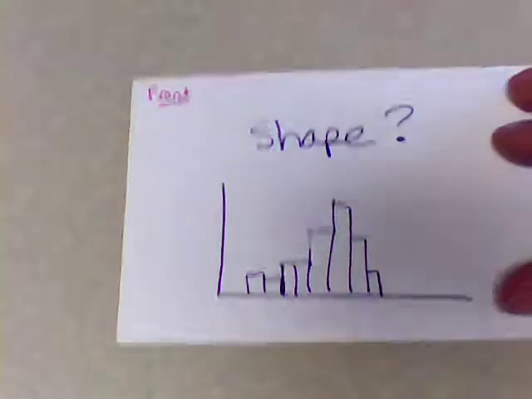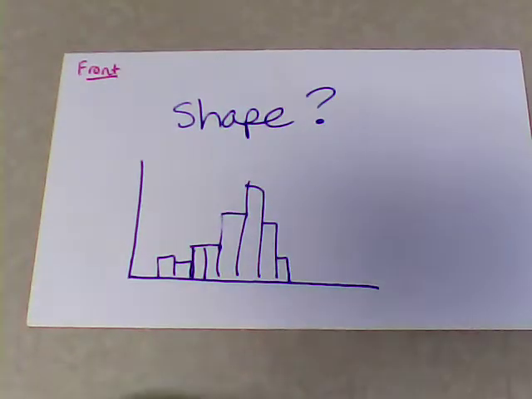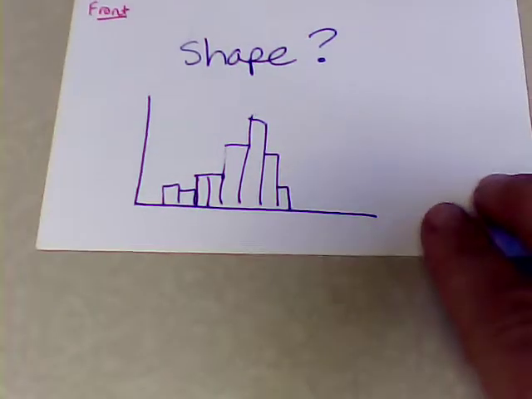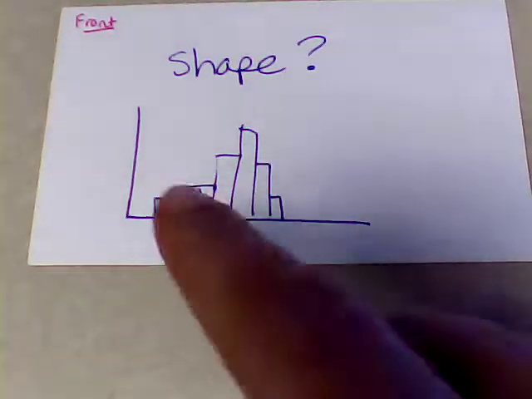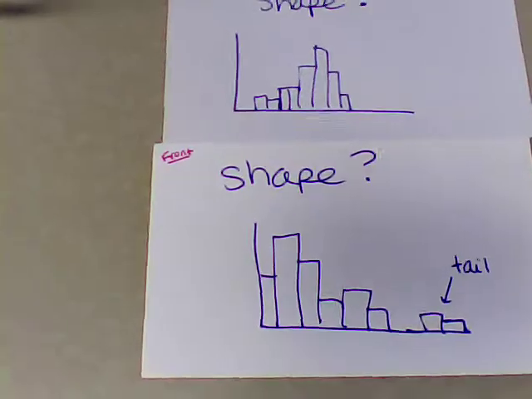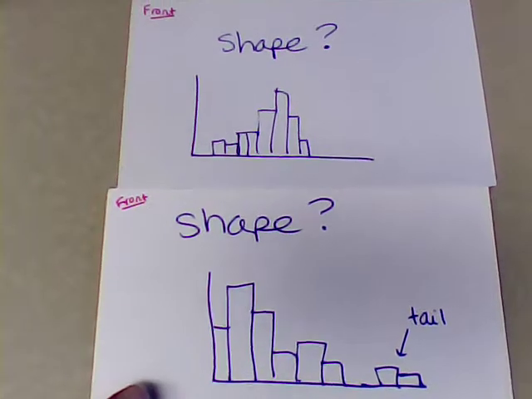All right, we've got a shape. If something's not uniform and not symmetric, it's got to be lopsided. Here's the first one that's a little bit lopsided. I'm going to show you both lopsided ones at a time. If something's lopsided like that, they call it skewed. We have two options for skewed. We could have drastically skewed, like the bottom one.